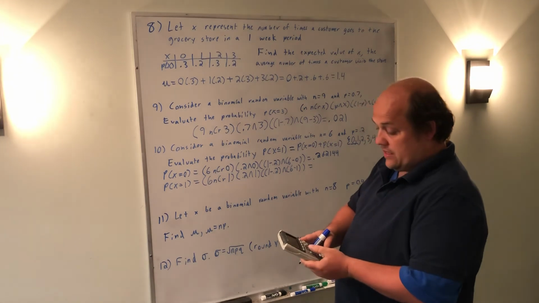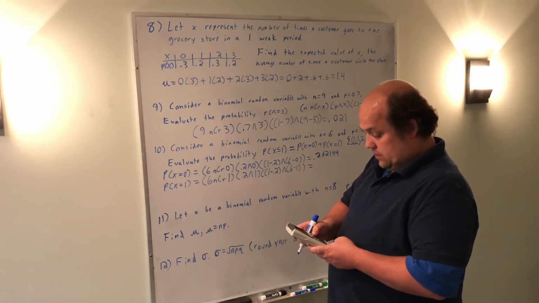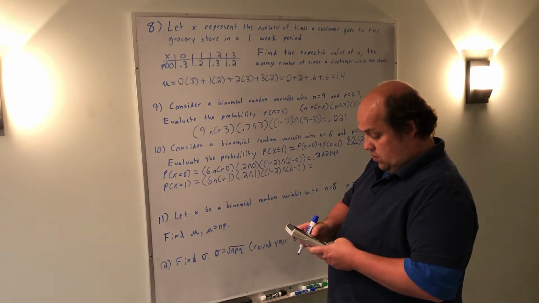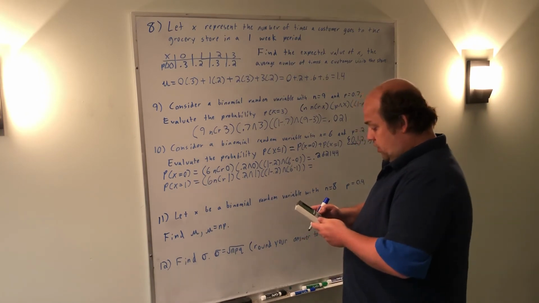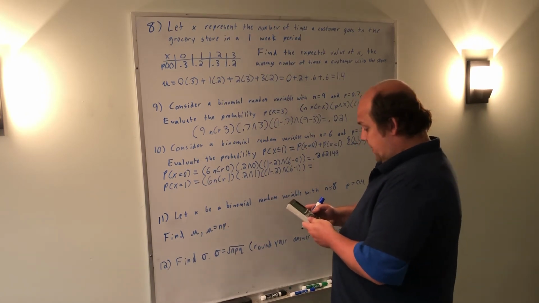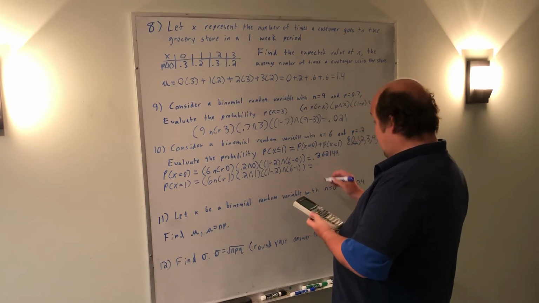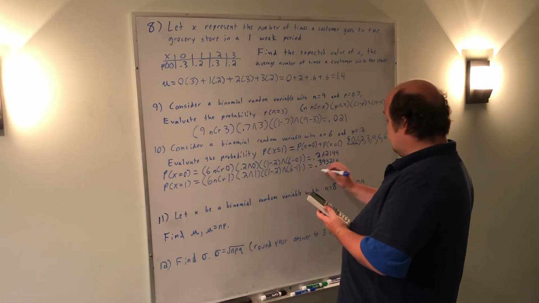When I now do the same thing, except I do it for 1, anywhere where I saw a 0 previously, I'm putting a 1. So it's going to become 6 NCR 1, 0.2 to the power of 1, 1 minus 0.2 to the power of 6 minus 1. When I put that all in, I get a probability of 0.393216.